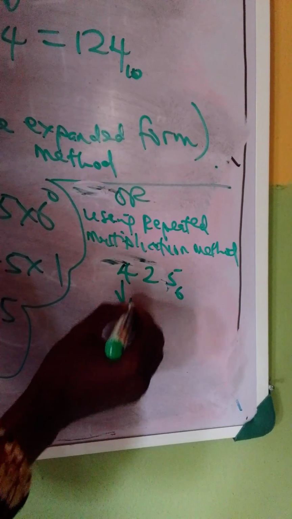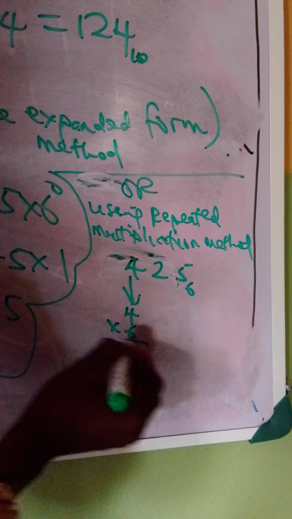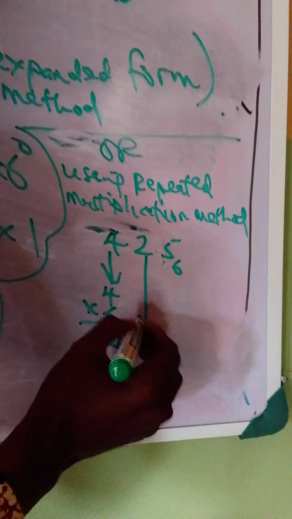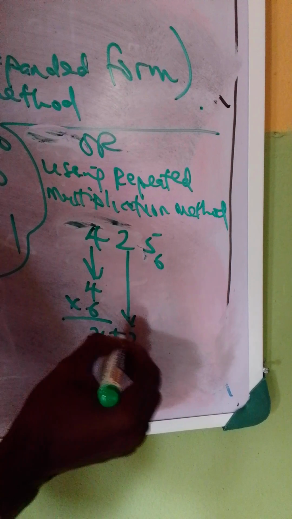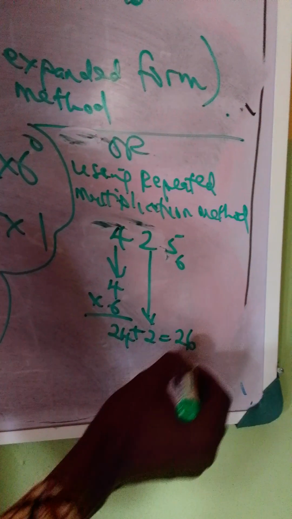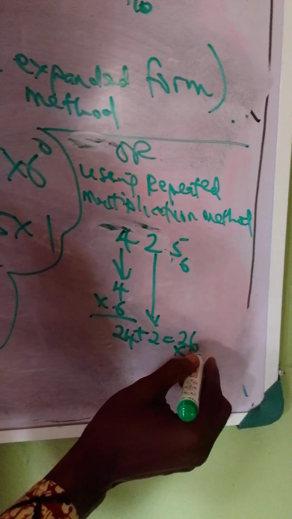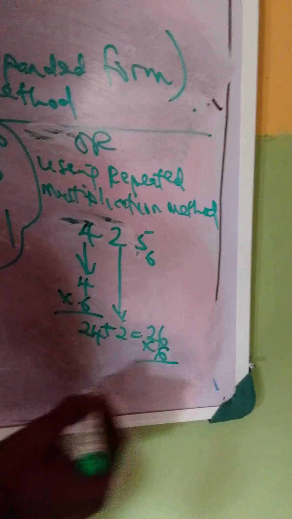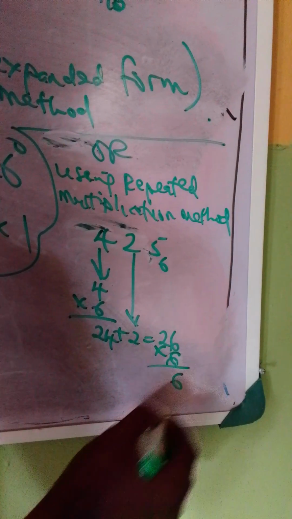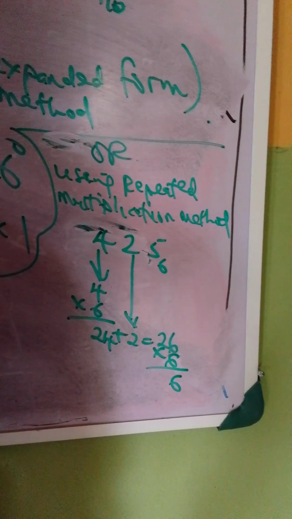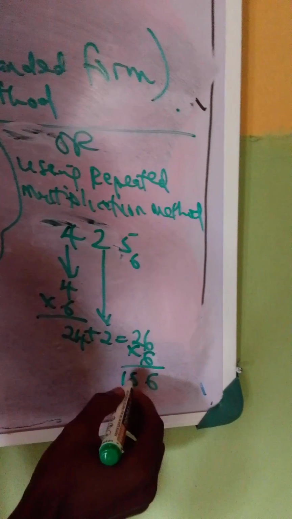So like I said, bring down the first digit, multiply by the base, which is 24. Then bring down the second digit and add, which is 26. Then multiply 26 by 6. 6 times 6 is 36. 6 carry 3. 6 times 2 is 12, plus that 3 is 15.